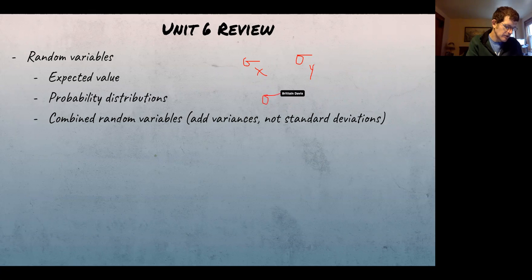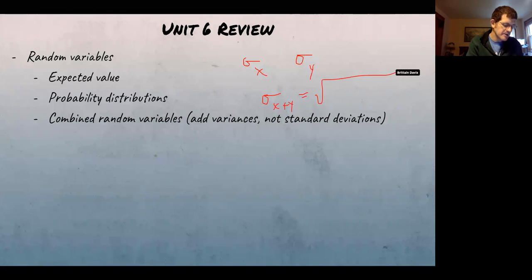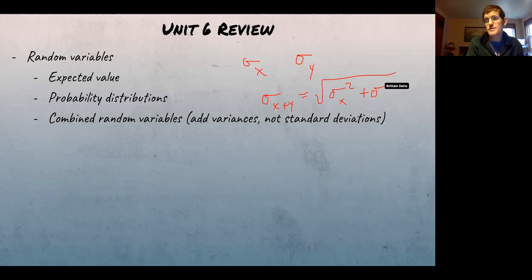Instead, the standard deviation of X plus Y is the square root of the variances added together. So the variance is the standard deviation of X squared, and the standard deviation of Y squared. I'm not saying it clearly, but there we go.